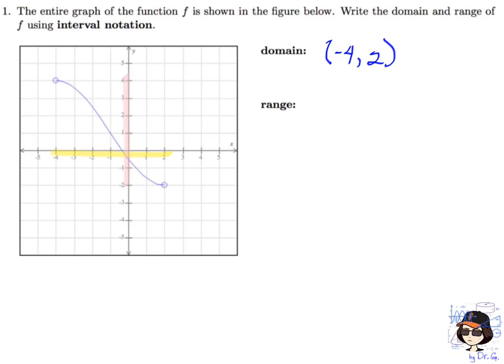So once again, we have an open interval, and we write parentheses, -2, comma, +4, and another parenthesis. We're saying this is the set of all numbers between -2 and +4, but not including -2 or +4. And that's it on that one.